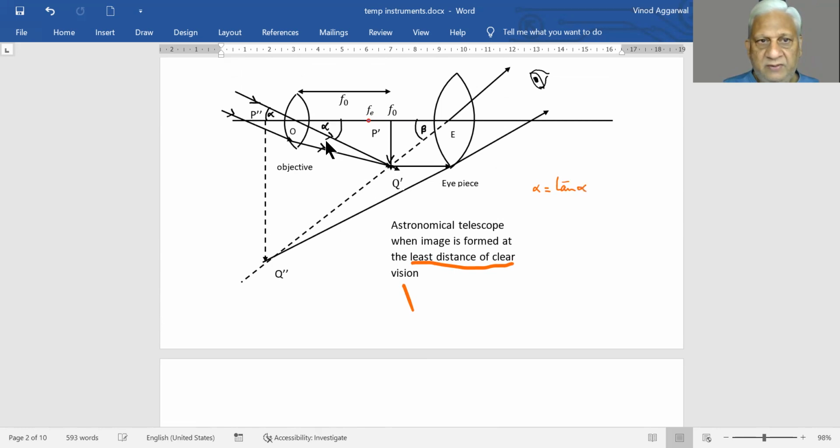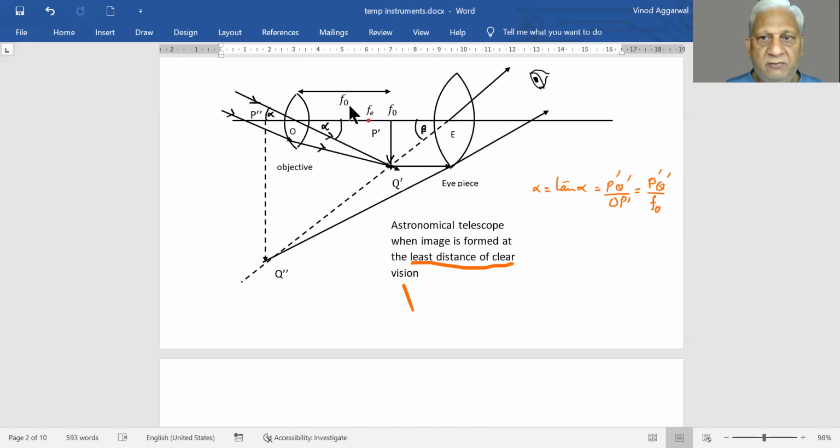Since the angles are very small, alpha is equal to this length P dash Q dash divided by this length.